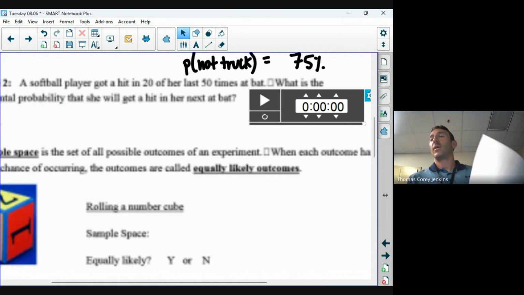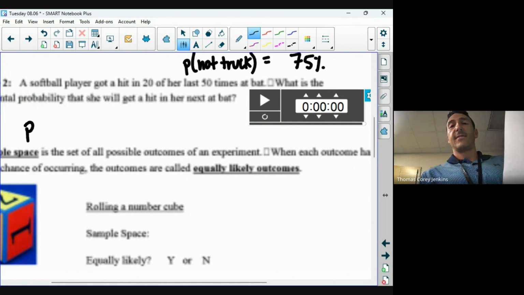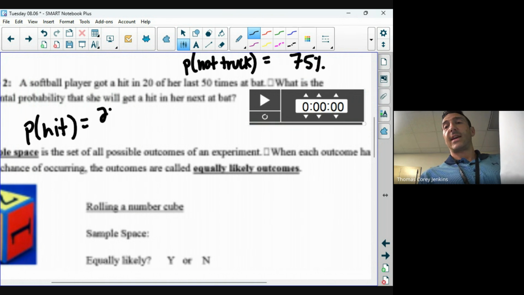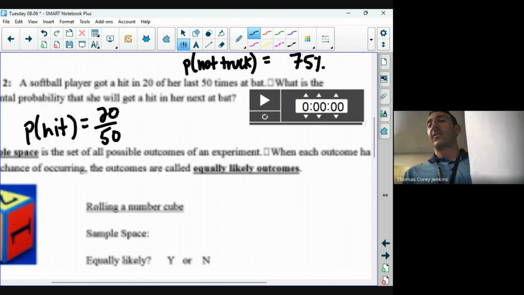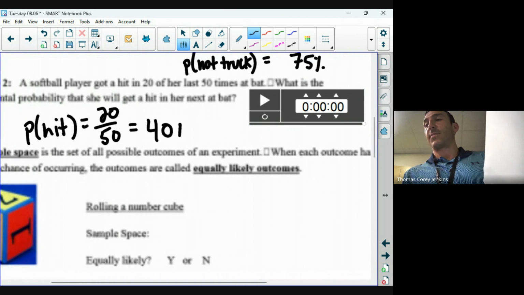All right, so probability of a hit would be 20 out of 50. If I divide there, 20 divided by 50 is 0.4 or 40%.